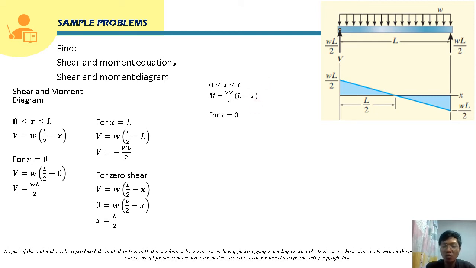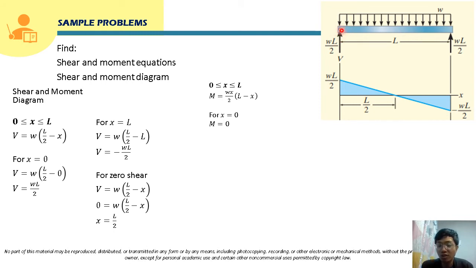We will start with distance x equal to 0. So we substitute 0 to all the variables x here. Obviously, the moment at x equal to 0 will just be 0.